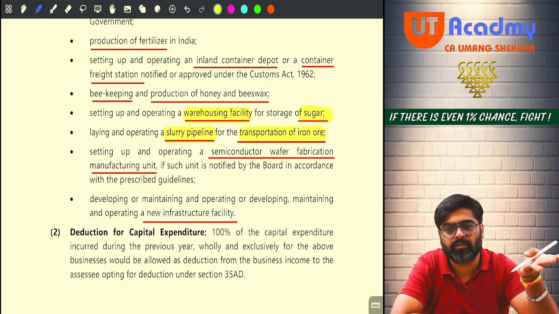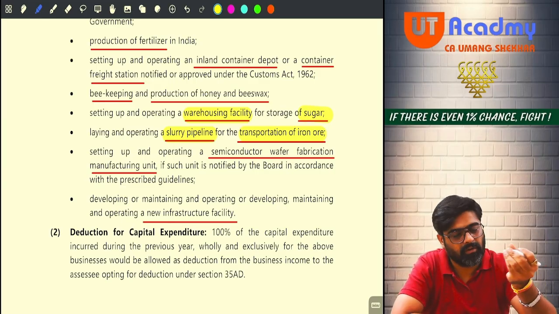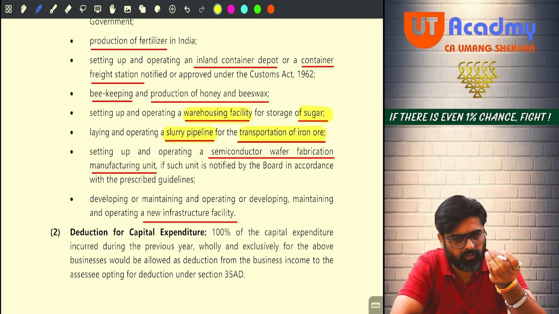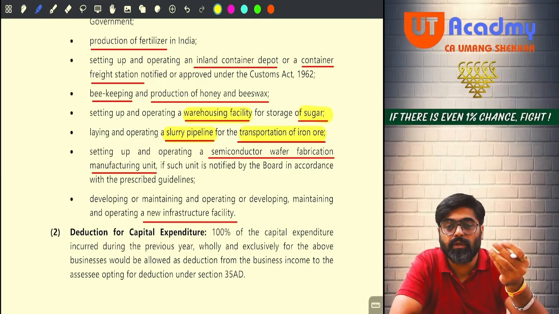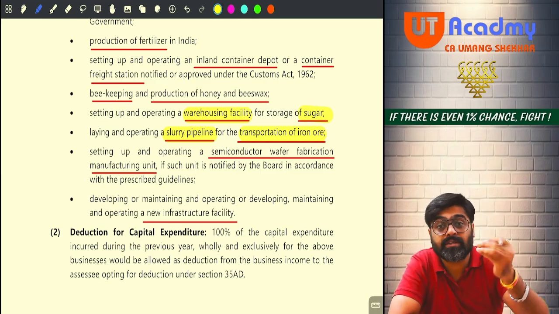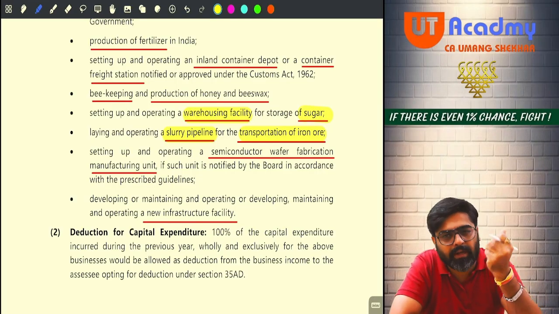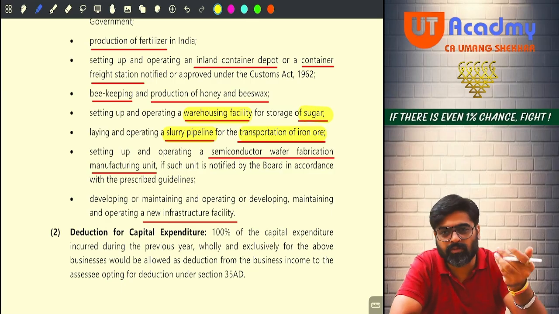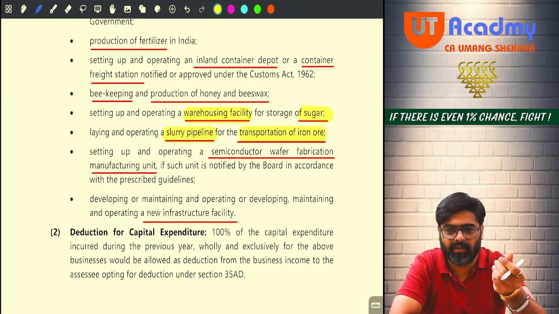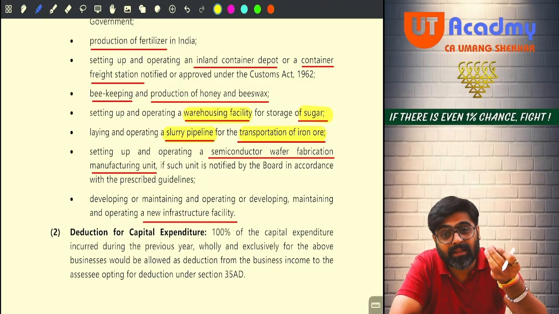In the iron ore mines, the soil is very fine soil which contains iron. When water is mixed in that soil, it becomes slurry. It is thinner than mud.